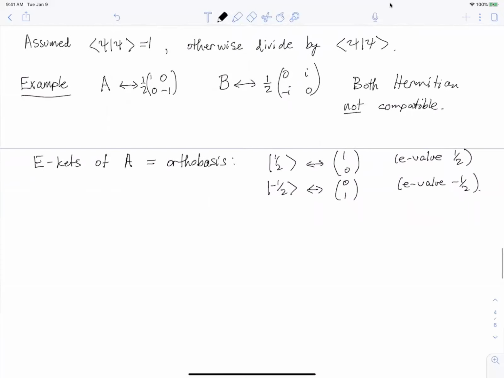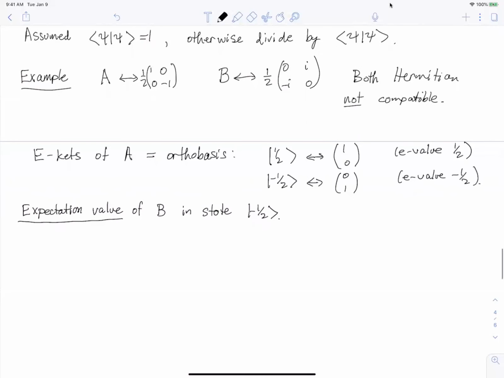Okay, so now we can ask about things like, what's the expectation value of B in the state minus 1/2? So minus 1/2 is an eigenstate of A with eigenvalue minus 1/2, and we're asking what's the expectation value of B in that state.